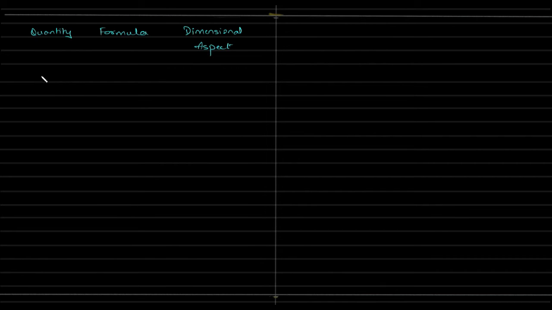So we're looking at the quantity, say area of the cube. The formula is 6a square, right? A constant into variable, so I'll write this as 6 into a into a. Now the dimensional aspect is that we are going to add the powers of the variables.